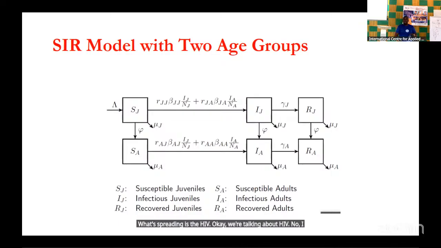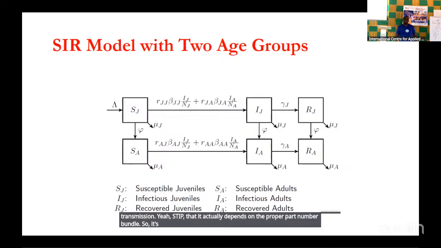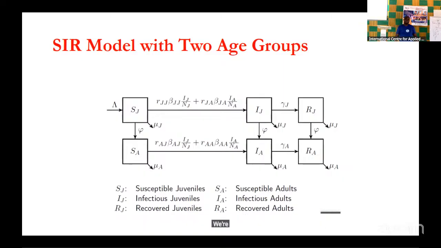No, I think the gist of it is that in HIV, STI transmission depends on the number of partners. So it's not the same situation where, for instance, I'm modeling a community where maybe they don't have multiple partners. Can I still go homogeneous?